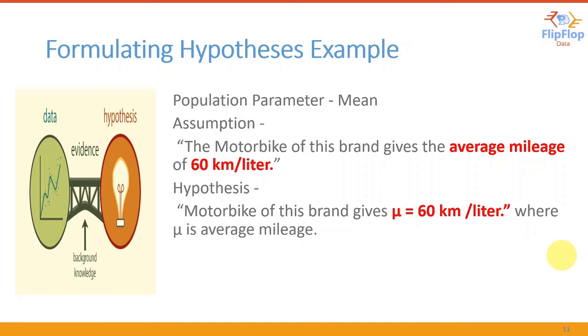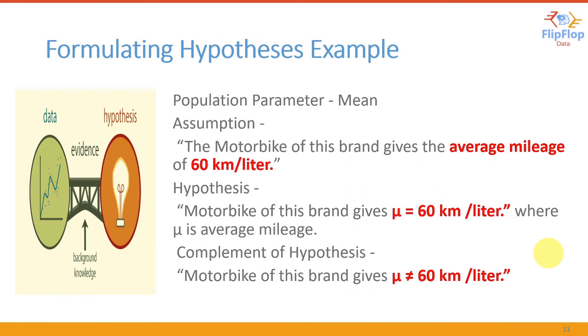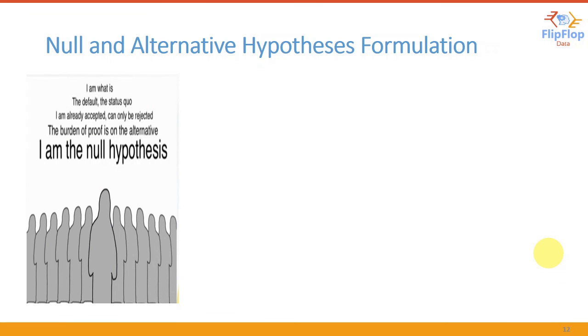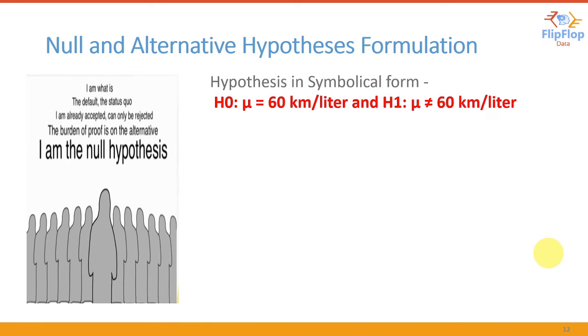Then comes establishing the complement or the opposite of the hypothesis, which becomes motorbike of this brand gives mu not equal to 60 km per liter. Then further, I am representing the hypothesis in symbolical form. H0 becomes mu equals 60 km per liter and H1 becomes mu is not equal to 60 km per liter.